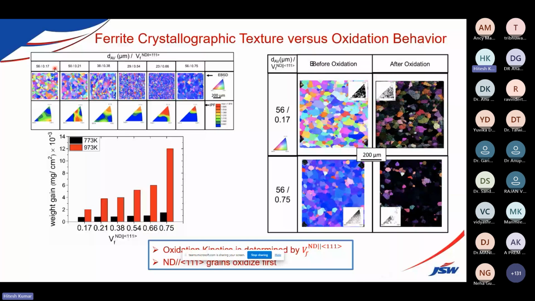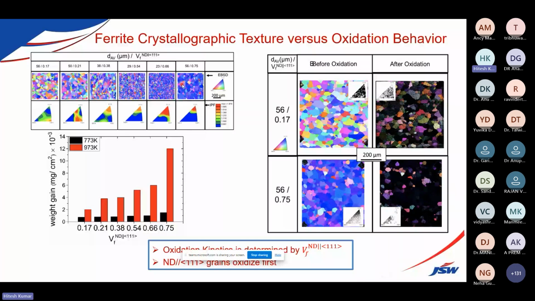You can take an example: if you have a car sheet, just cut it and do microscopy of it. The sheet you use to make the door or upper body of your car is definitely going to have gamma texture. Without that, steel does not have that good formability.